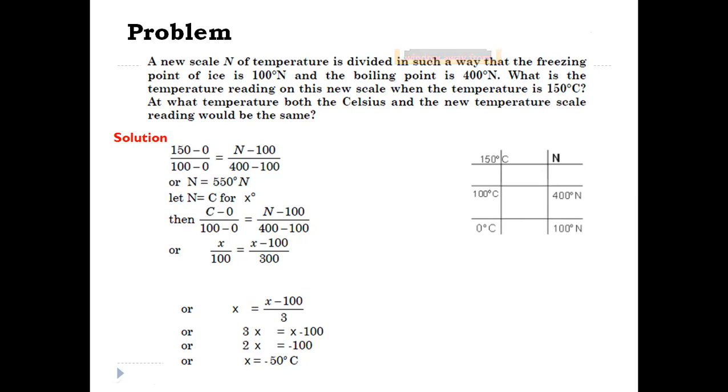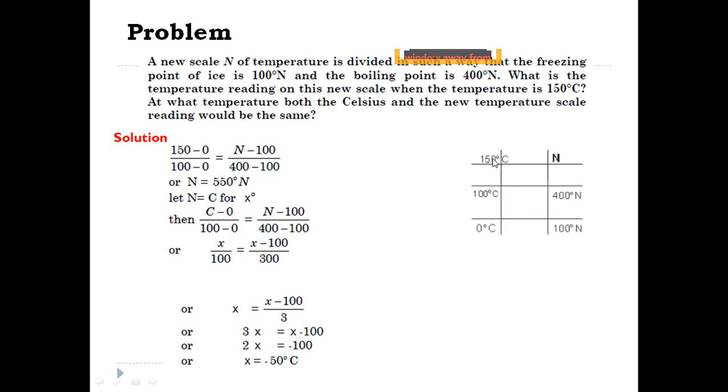For the new scale, the freezing point is taken as 100 degrees N, that means corresponding to 0 degrees centigrade the freezing point is 100 degrees N, while the boiling point is 100 degrees centigrade on the centigrade scale and 400 degrees N on the new scale. So for a particular 150 degrees centigrade, what is this temperature? This we have to measure.